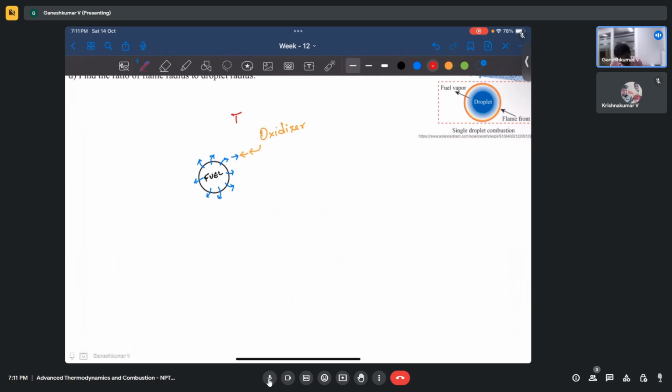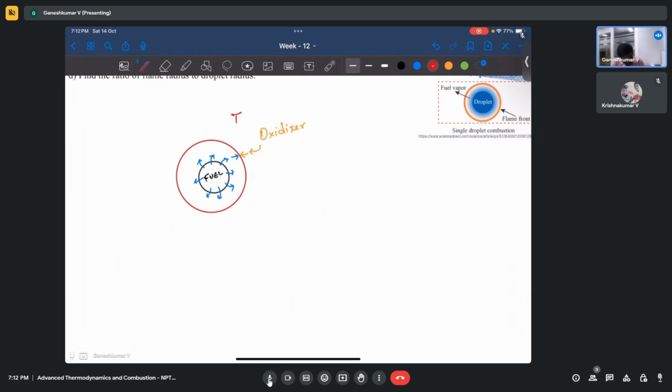So those things are required. So when it starts combusting, we see a flame over there, and this is going to happen throughout, surrounding the fuel droplet.